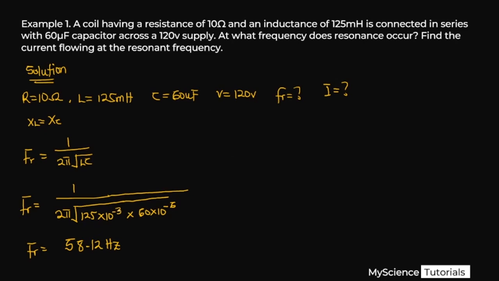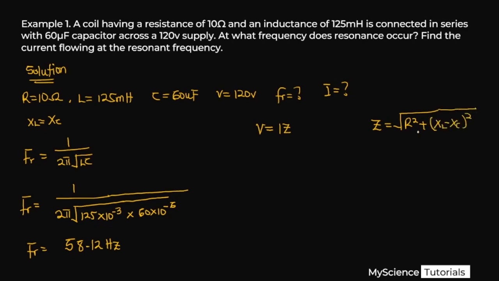Now we also need to find the current at which the resonant frequency occurs. Ideally we would use V is equal to IZ. That means we need to find the impedance of the entire circuit by finding the inductive reactance and the capacitive reactance, and then using the formula Z is equal to the root of R squared plus into bracket XL minus XC squared.